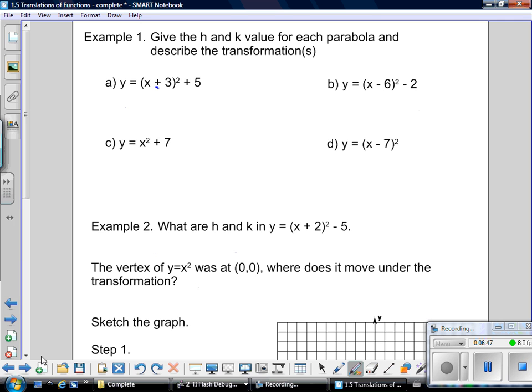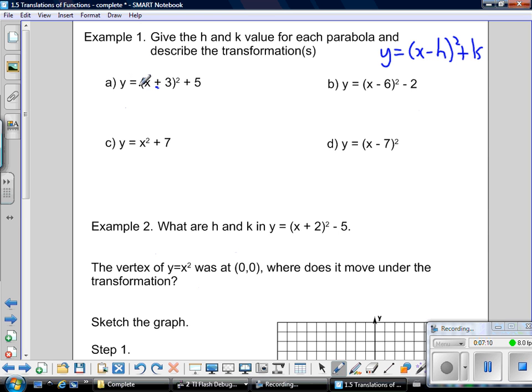This time it's asking us to give the h and k value for each parabola. What I'm going to do is write that h and k version down: y equals bracket x minus h squared plus k, just so that we remember what it was.